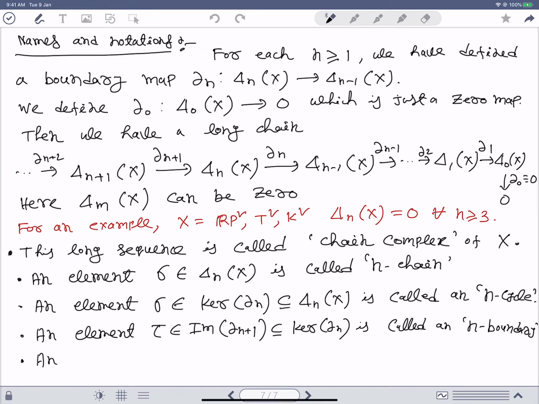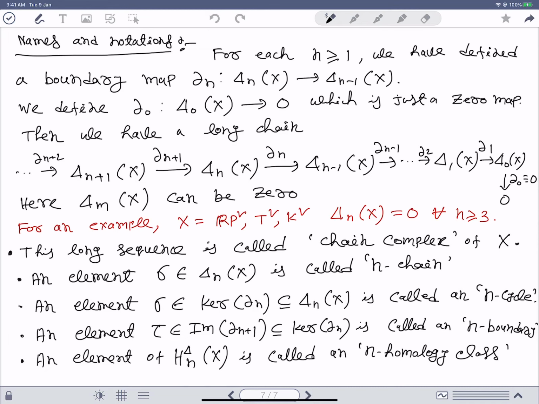And an element of the quotient group, the quotient nth homology group, is called an n homology class.